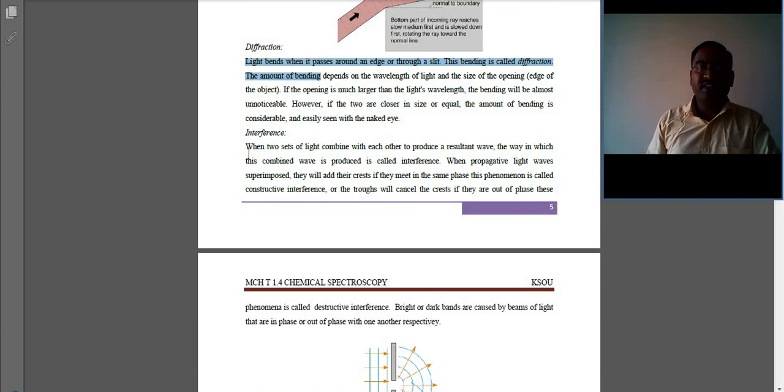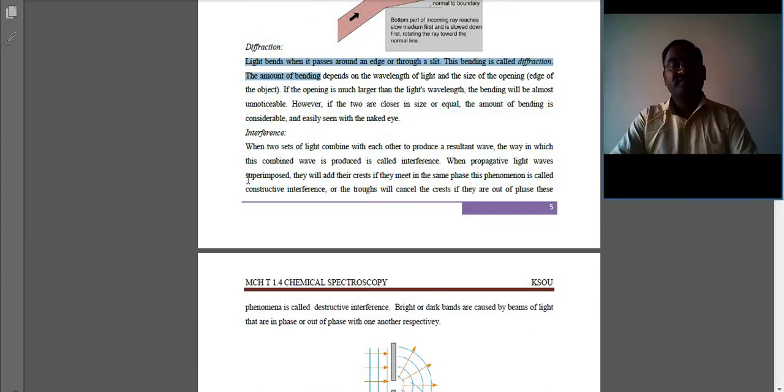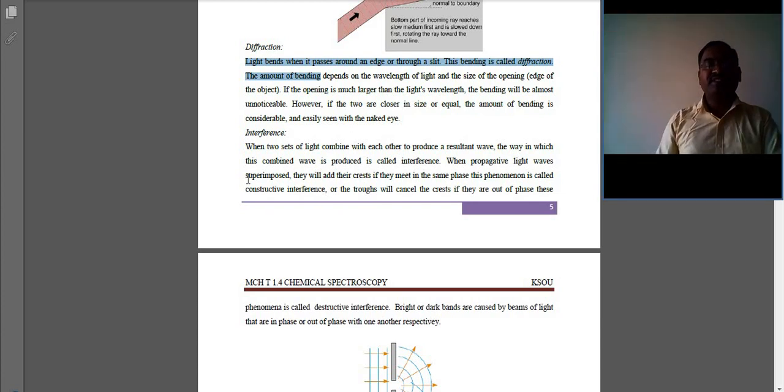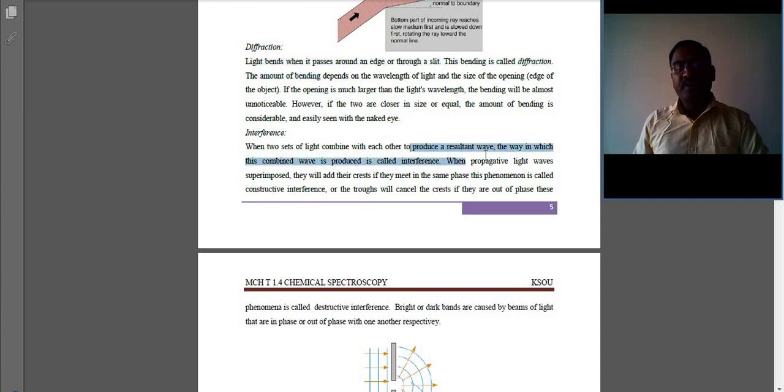Next we consider interference. When two sets of light waves combine with each other to produce a resultant wave, the way in which this combined wave is produced is called interference.